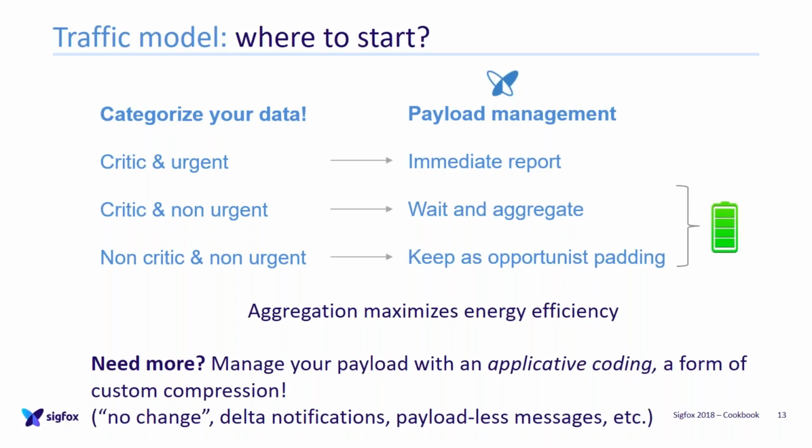Now, if you have the other cases, like non-urgent data to transmit, be it critical or non-critical, you can probably delay the transmission and aggregate with other data chunks. In this way, you will maximize the energy efficiency, because you will maximize the ratio of your data amount over the Sigfox protocol overhead.